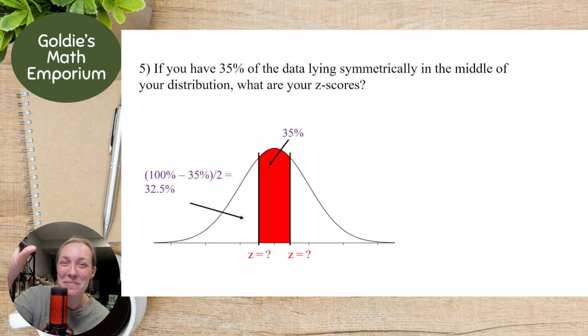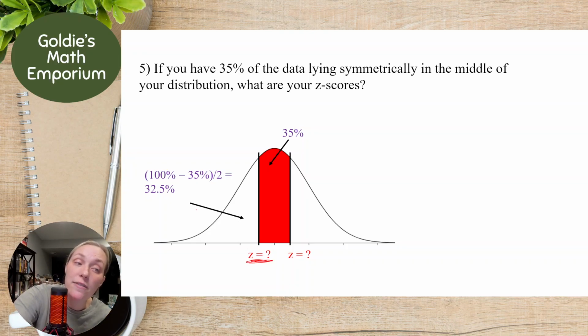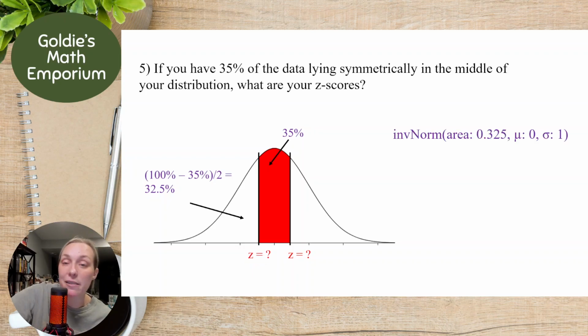That 65% is on the outside, and because it's symmetric, it's split evenly between the two tails. So 65% divided by 2 is 32.5%, and 32.5% is in each of those tails. So below this z-score specifically, you have 32.5%.